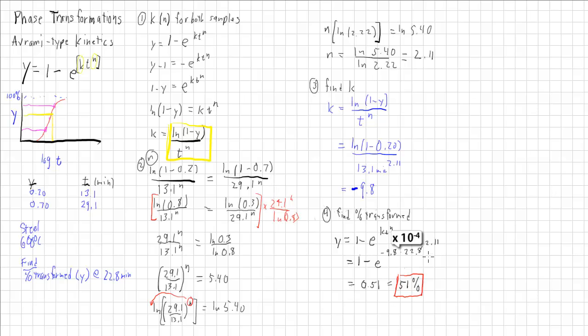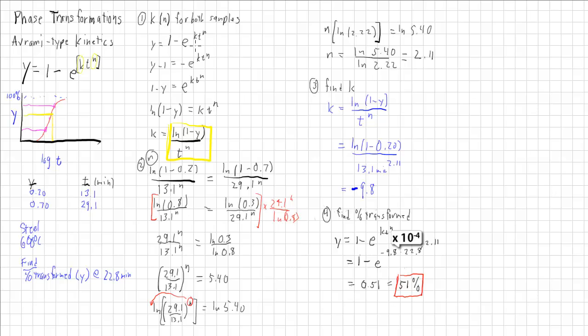In this case, we were dealing with a steel simply recrystallizing, and we had two samples. We knew what they would be at 20% and 70%, and we estimated that if we had something in between, the 22.8 minutes here, we'd probably end up with 50%, and that's right about what we got here, 51%.